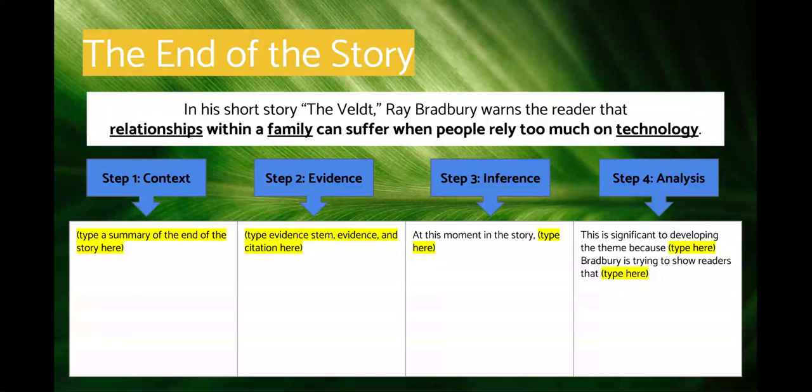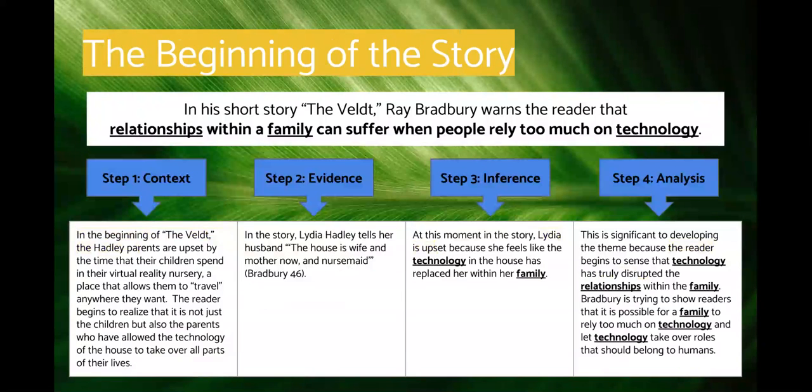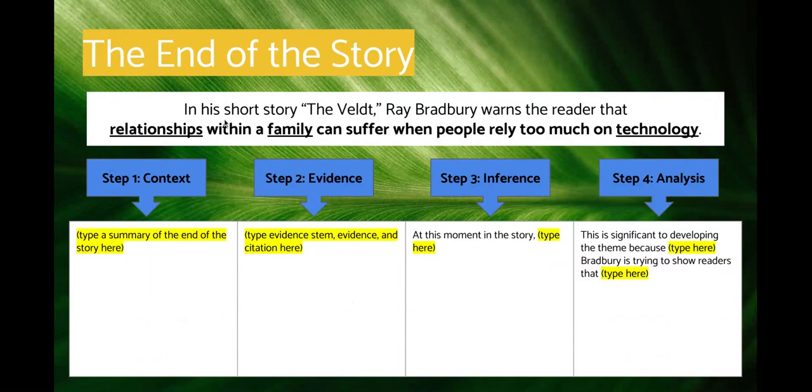If you're at the end of the story, you're doing all the parts. Remember, though, that regardless of which part you're at, beginning, middle, or end, we're still trying to prove this same theme. That doesn't change. We're proving how it's seen at the beginning, the middle, and the end of the story. For the end of the story, you're going to give me a summary of what's happening in this last third of the story, a piece of evidence that includes the evidence stem, the evidence, and the citation that proves this theme, an inference, and then your analysis.